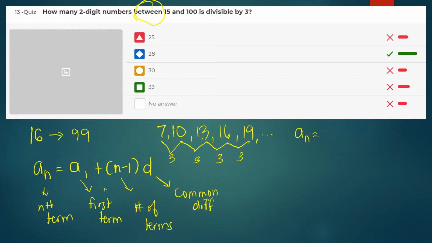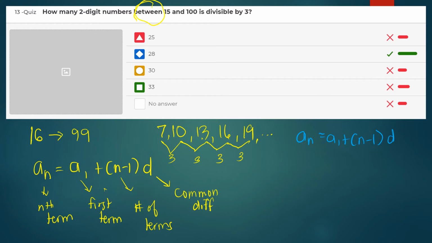What we are looking for here is the number of terms, how many. So we have a sub n equal to a sub 1 plus n minus 1 times d. How many two-digit numbers?